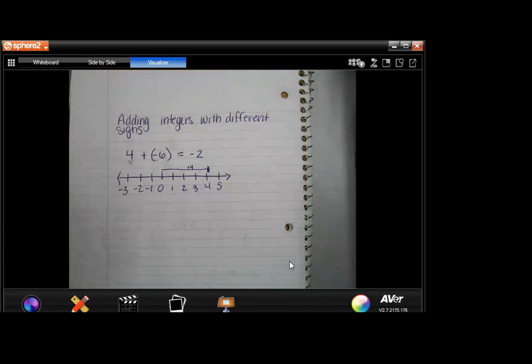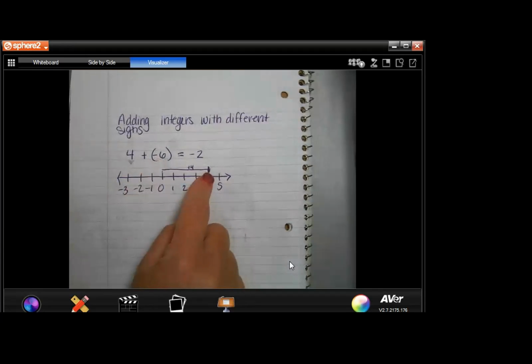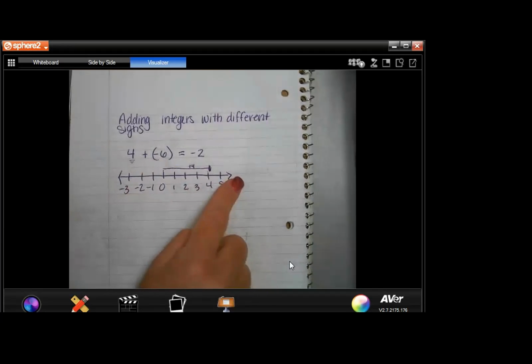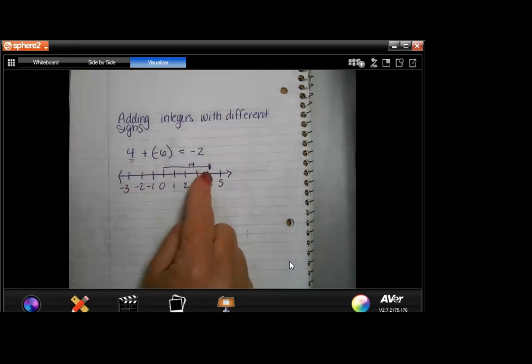Now I am adding a -6. So I've got to figure out what direction to go. Do I keep going in the positive direction, or do I turn and go in the dark side?